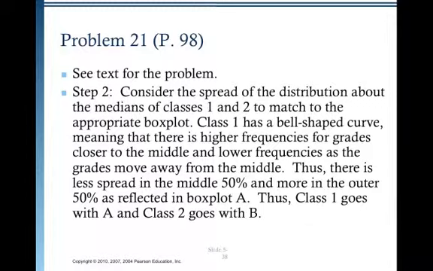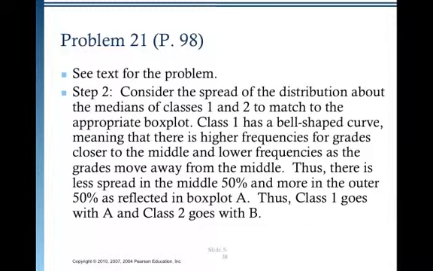Consider the spread of the distribution about the medians of class 1 and 2 to match the appropriate box plot. Class 1 has a bell-shaped curve, meaning that there are higher frequencies for grades closer to the middle and lower frequencies as the grades move away from the middle.